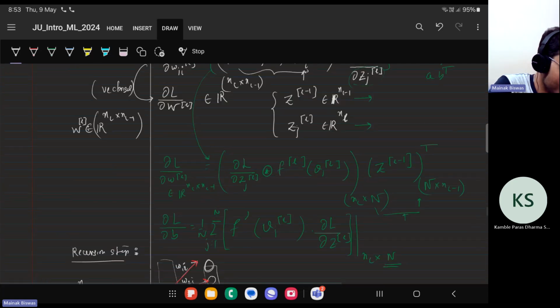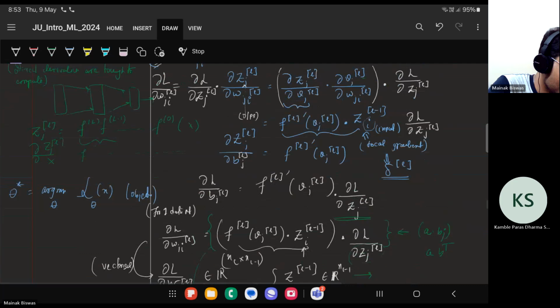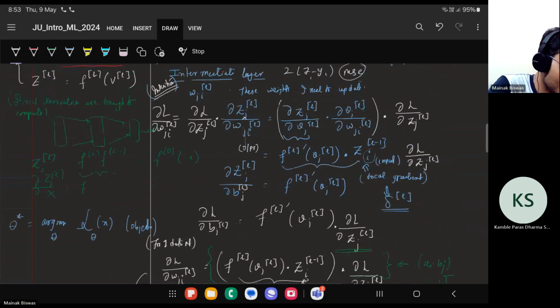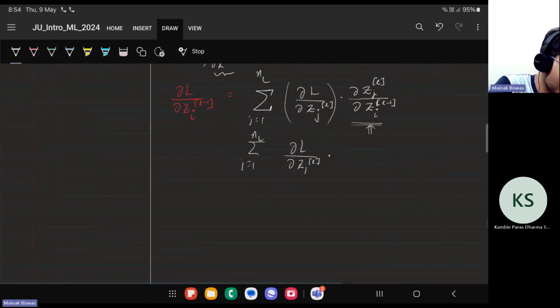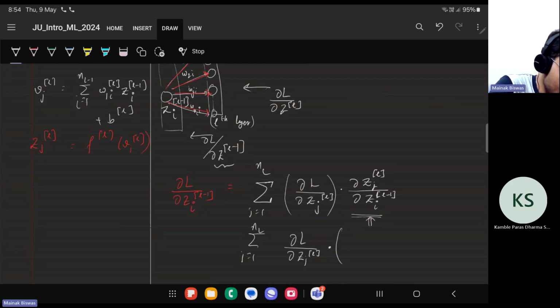What is this value? dZ_j of L over dV_j of L, times dV_j of L over dZ_i of L minus 1. I can write it this way.